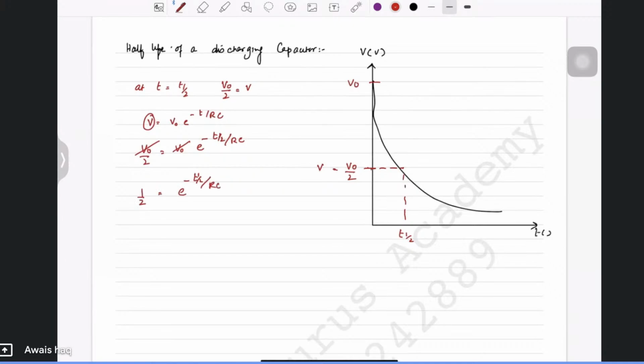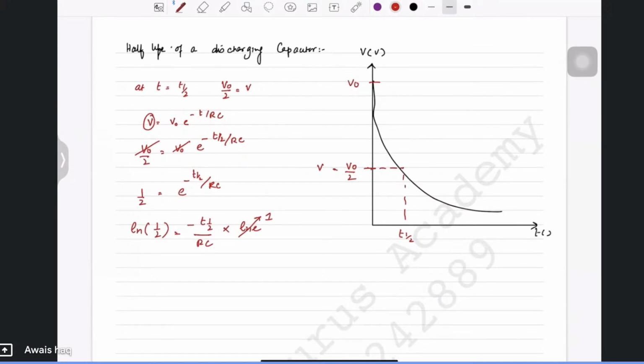Then you take ln here, because ln removes e. So it's going to be ln half, and the rest comes out, times ln e, and ln e is just 1.